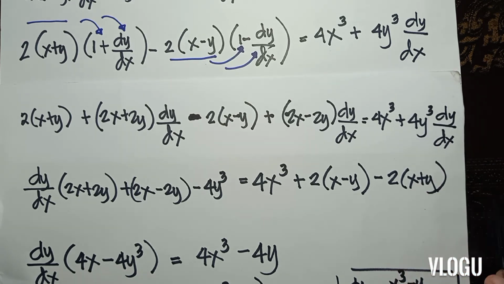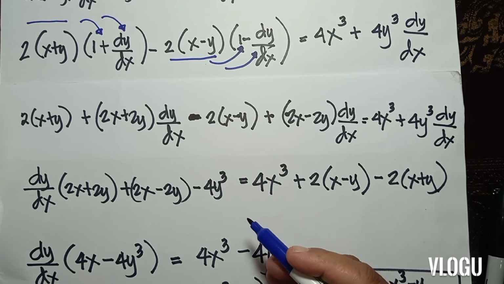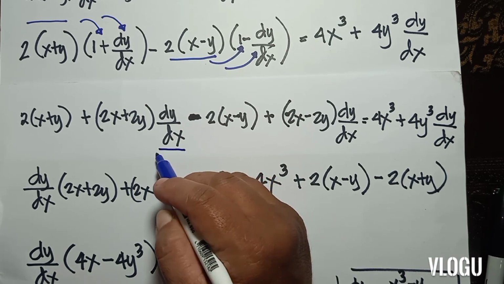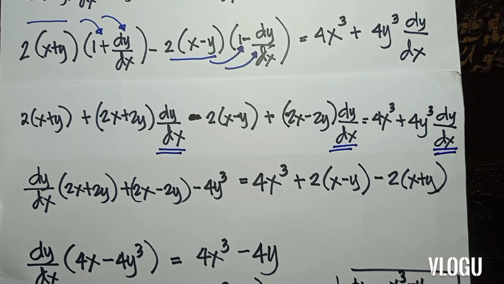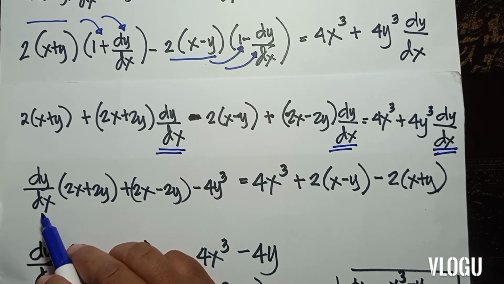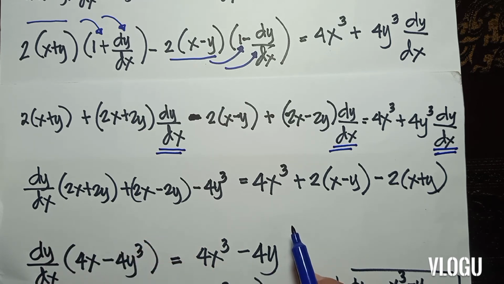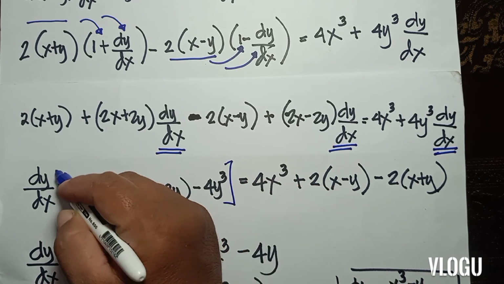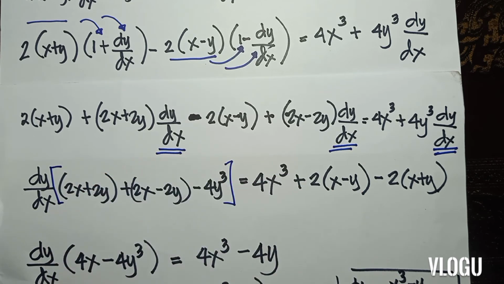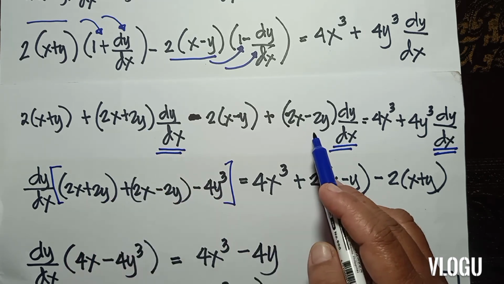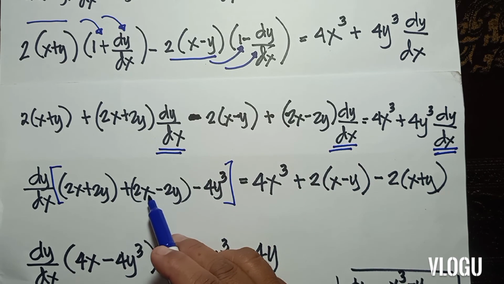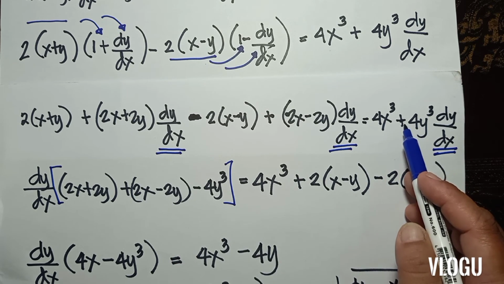So if you look at here, we are solving for dy/dx. So we are going to combine all dy/dx. So dy/dx times 2x plus y, 2x minus 2y, and 4y cubed. That is positive.